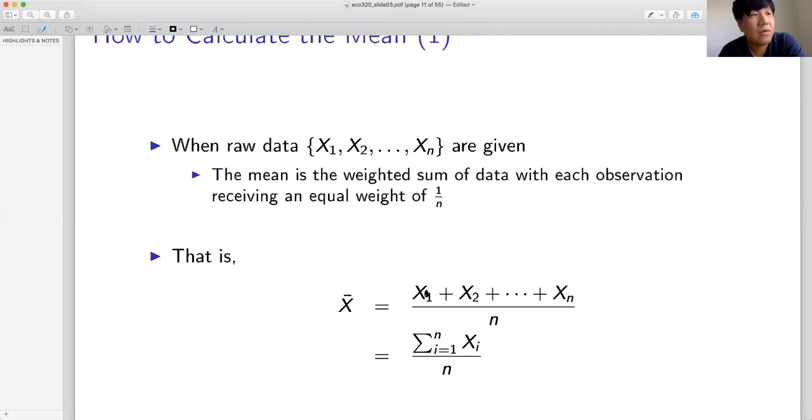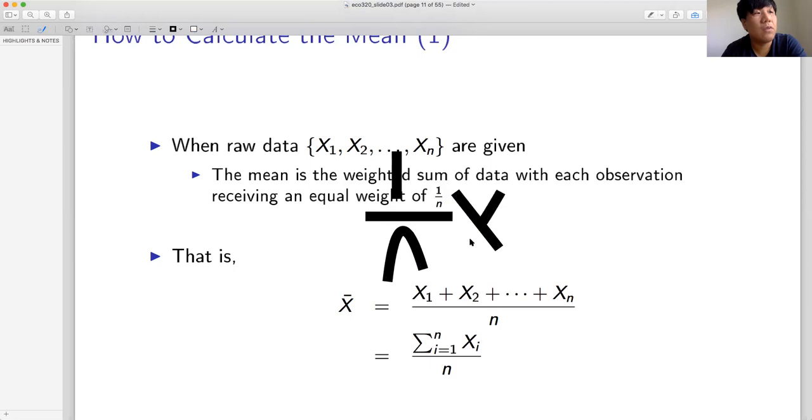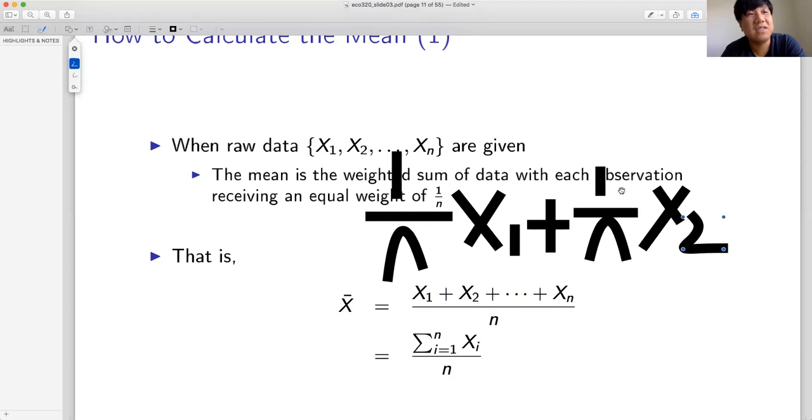This equals (x1 plus x2 plus ... plus xn) over n, but you can split this out as x1 over n plus x2 over n plus x3 over n, etc. That means each observation is multiplied by 1 over n: 1 over n times x1, plus 1 over n times x2, etc. That is your weighting.